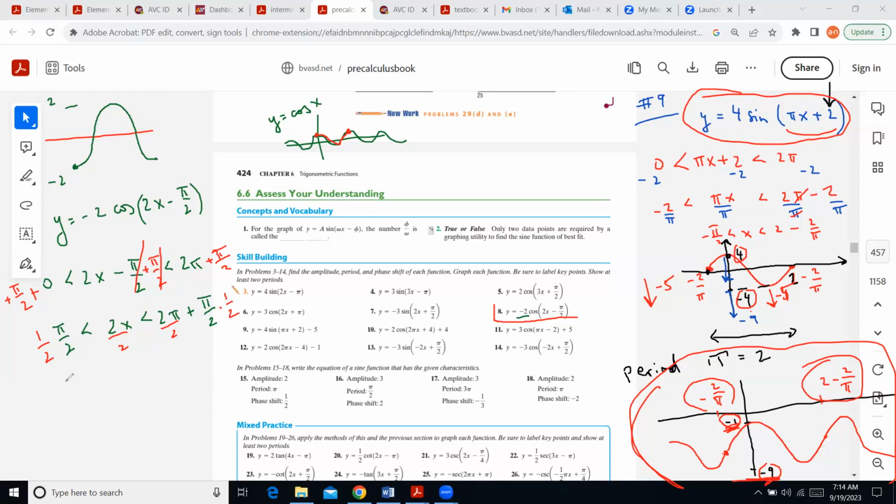So it's pi over 4. And on the other side, we have pi added to pi over 4. So you see the period now happens to be pi.